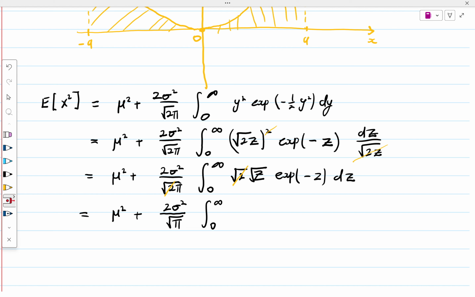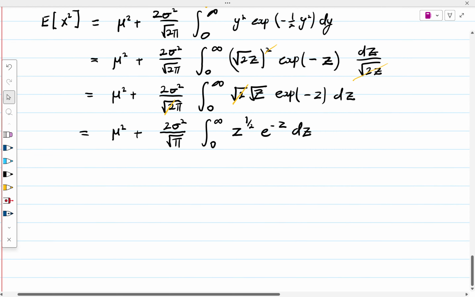And the last part to note, square root z, I'm going to rewrite as z to the half, e to the negative z dz.